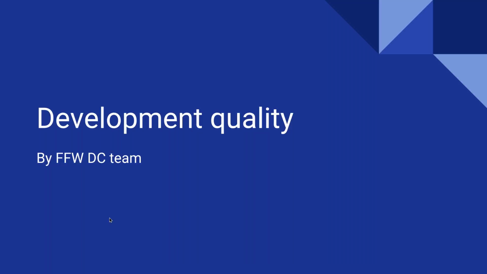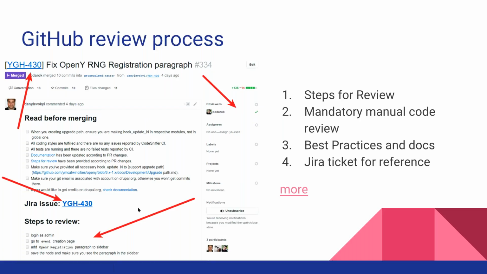We have a lot of things in terms of development quality. Let me share some overview about them. So our GitHub review process looks like this. Here is a screenshot of our project that is in progress. Here you can see the references to the actual Jira.